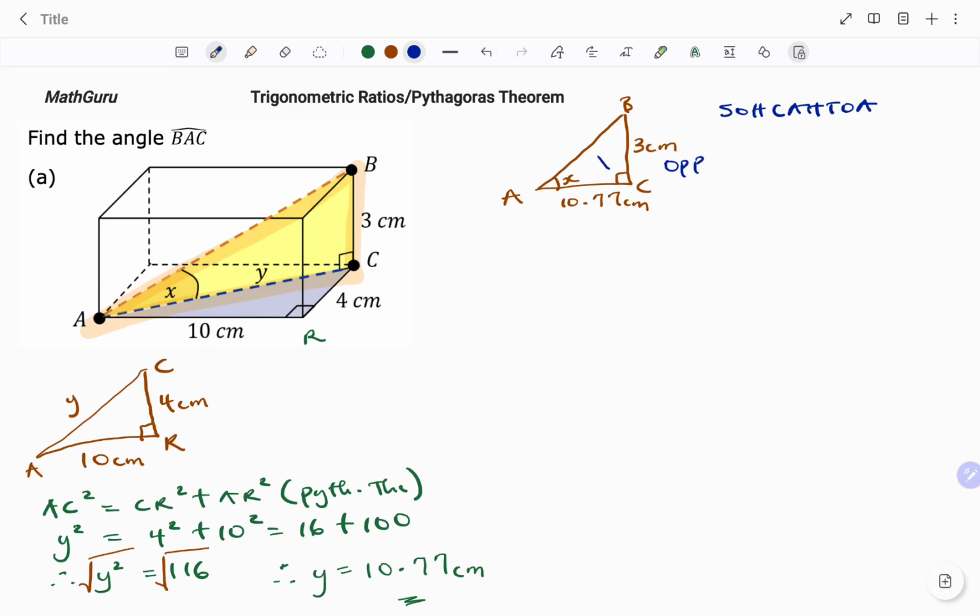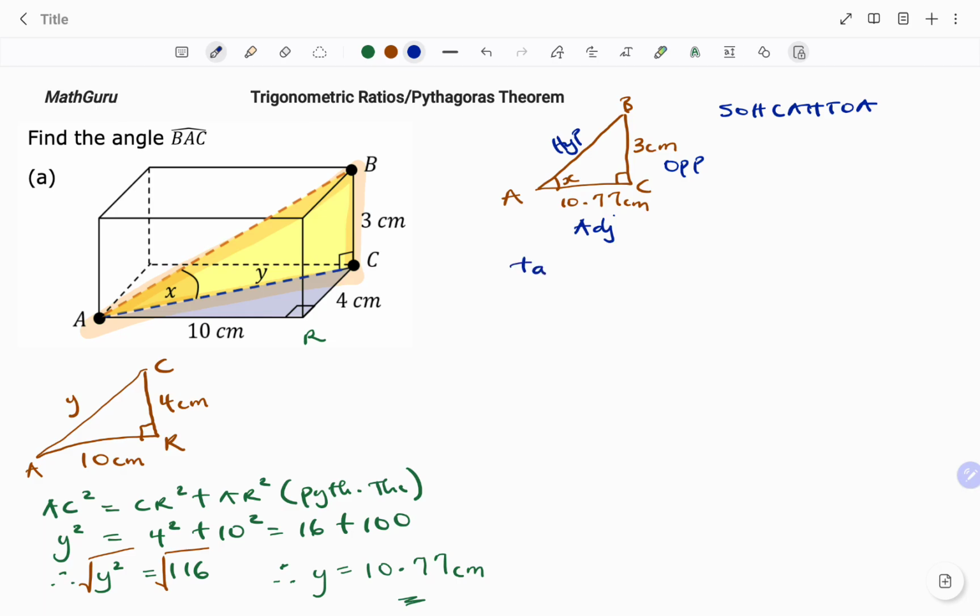The side facing my right angle, as shown, will be my hypotenuse, and the last side is my adjacent. So therefore, because I know I'm looking for my angle, and I have my opposite and my adjacent, what that means is I'm going to use my tan.